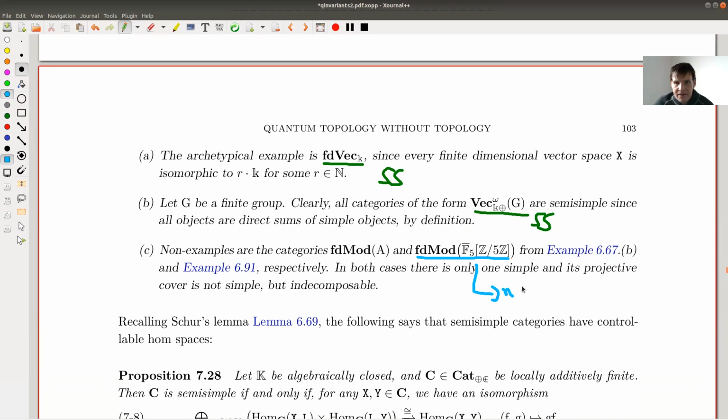And how do you see that? Well, we had those indecomposables, Z2 for instance. Z2 is not isomorphic to, there was only one simple. It's not isomorphic to any direct sum of this one simple.